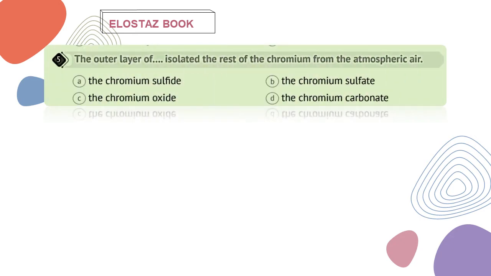Here we have question 5, which says: the outer layer of what isolates the rest of the chromium from the atmospheric air. We have different kinds of compounds. Here we have the chromium sulfide, the chromium sulfate, the chromium oxide, and the last one, the chromium carbonate.